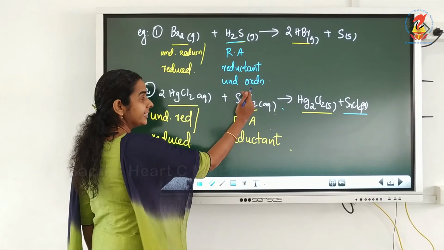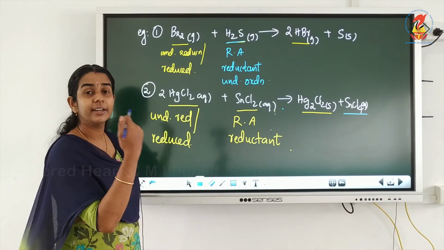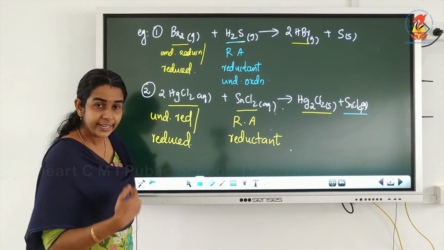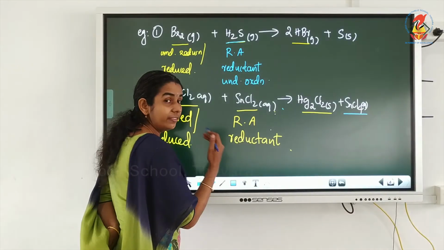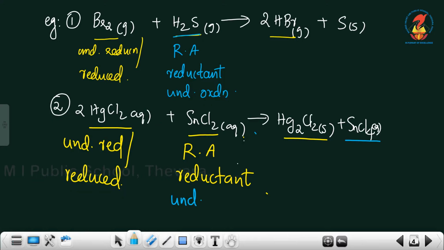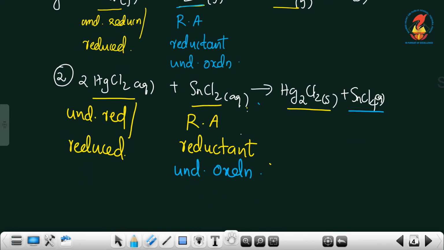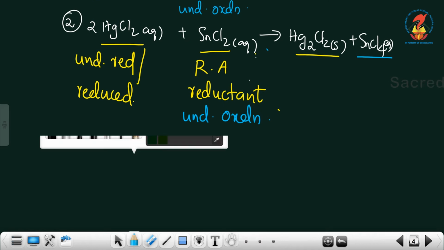So here SnCl2 is acting as a reducing agent or reductant, so that will be undergoing oxidation. How is it undergoing oxidation? By combining with a highly electronegative element, that is chlorine. Okay. Now one more example.